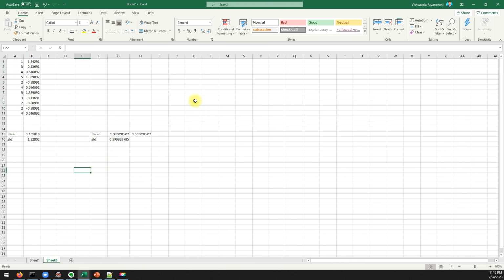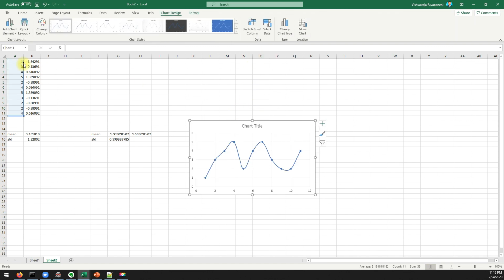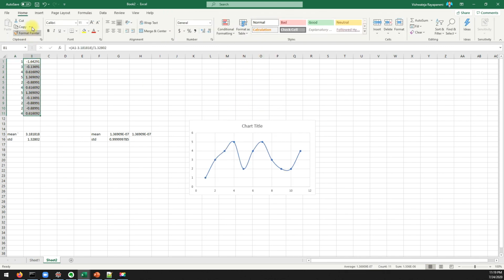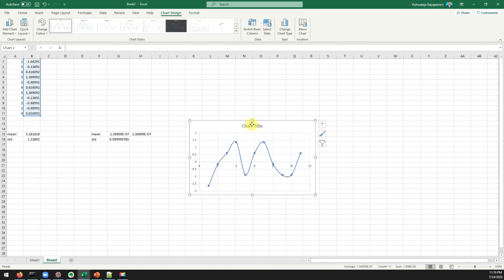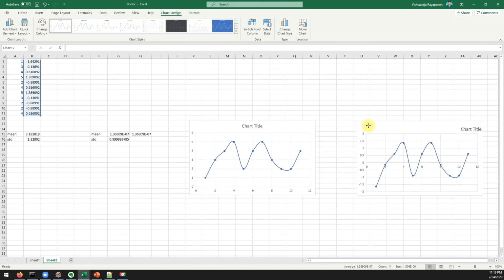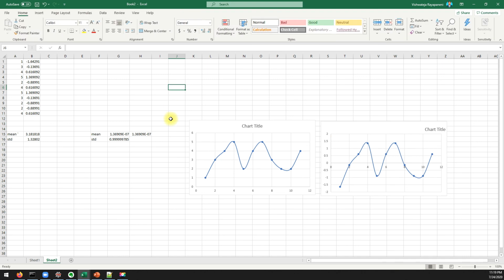We'll also plot the graph for this, and it also looks almost similar. It maintains the same distribution which we have.